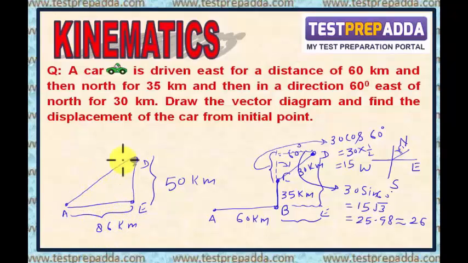So using Pythagoras theorem, you get this value as the square root of 86 square plus 50 square, and this value comes as 99.47 kilometer. Okay, and what will be the direction? The direction will be this. Got it?